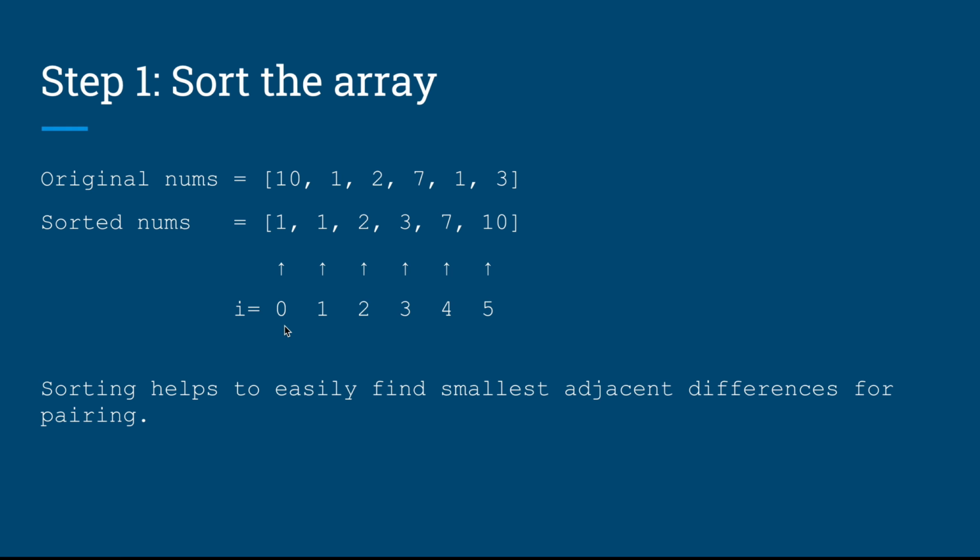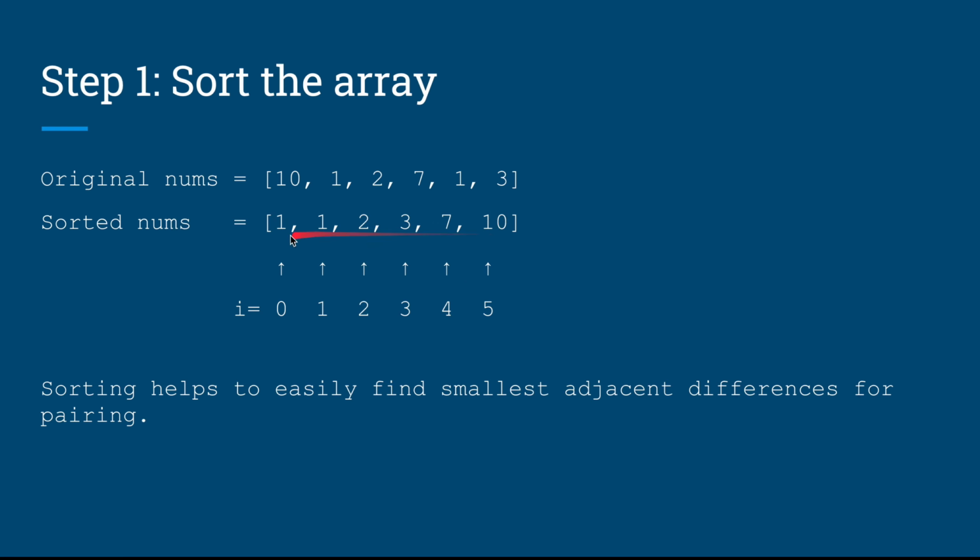We perform binary search on the possible maximum difference, and for that, low will be 0, but for high we see the difference: nums at 5, which is 10, minus nums at 0, which is 1.